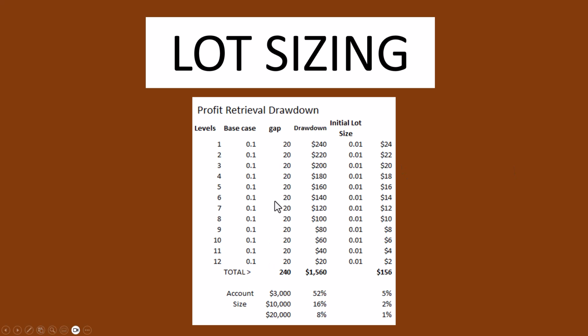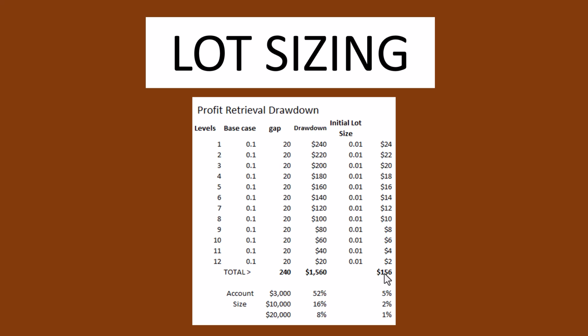So here in the base case, we've used 0.1 lot sizing for our 12 transactions. Here in this next example, I'm saying why not use 0.01, which is 10% of that one, and therefore your drawdown will go right down to 1.56. Now the first thing you're going to say, oh, but if I do that, my gains will go down.